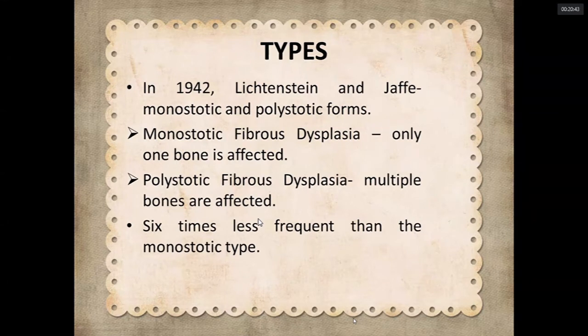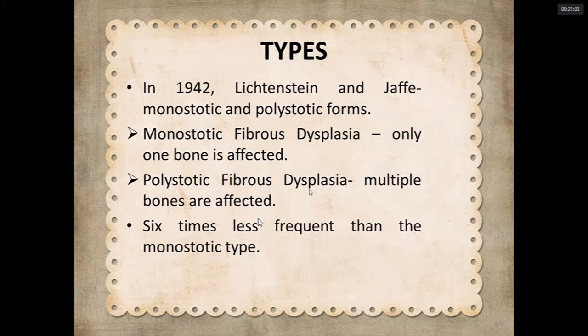Types of fibrous dysplasia: we all know there are two types, monostotic and polystotic. This classification was given by Lichtenstein and Jaffe in 1942. Monostotic, by the name itself, means there is involvement of a single bone.